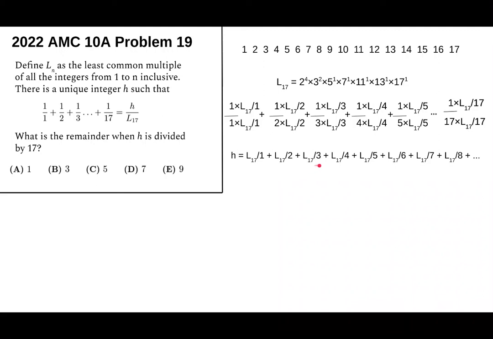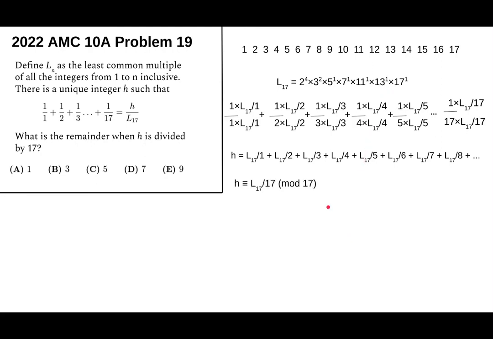L of 17 over 3, for example, leaves a remainder of 0 because if we take this L of 17 value and divide by 3, the exponent of 3 goes down to 1, but the 17 exponent remains unchanged. So all of these terms, except for L of 17 over 17, will leave a remainder of 0 when you divide by 17.